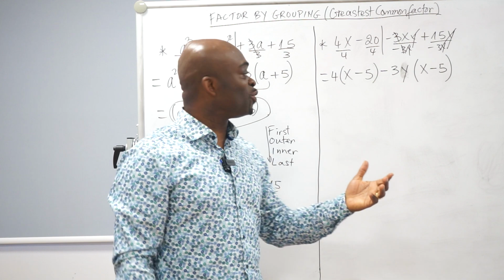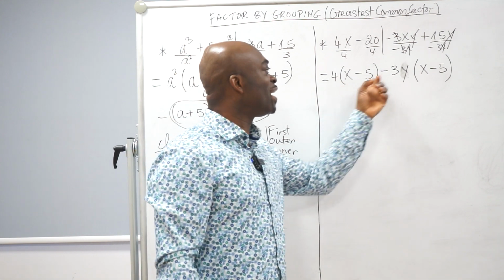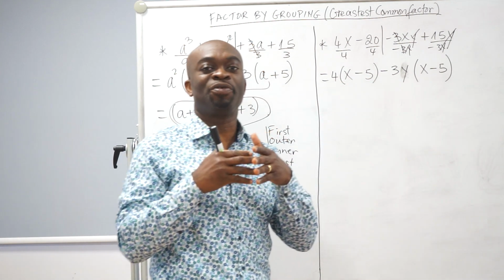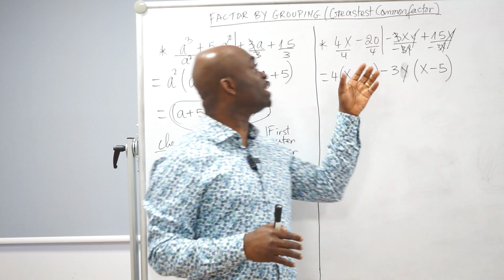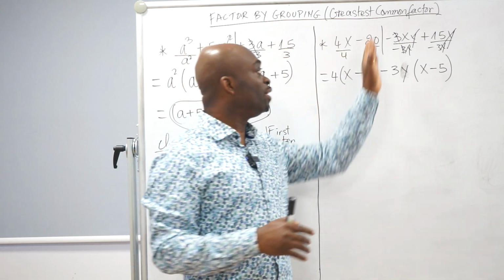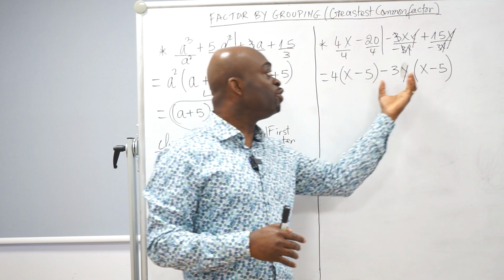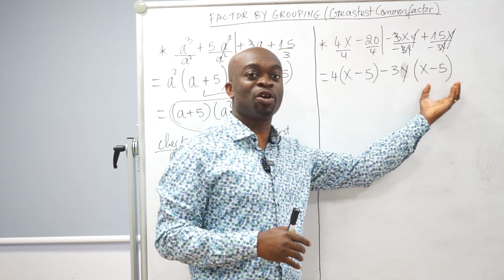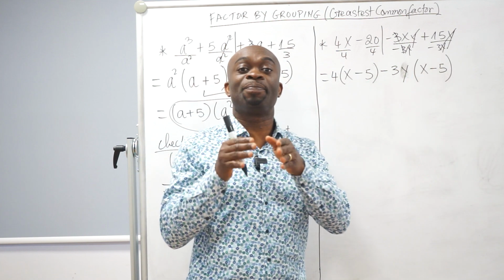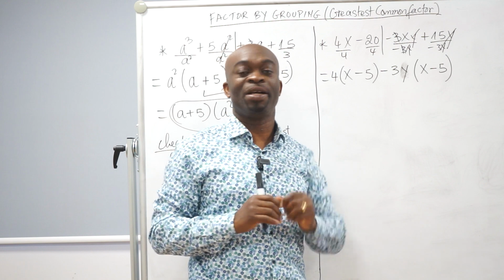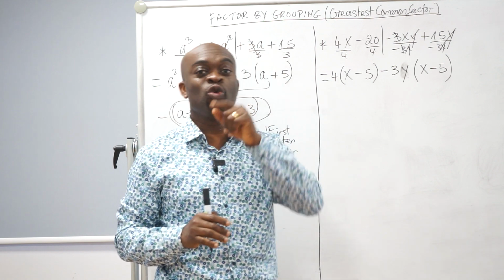So, guys, what do we see? x minus 5 inside the parentheses. So anytime you're dealing with factoring by grouping, you split up, you find the greatest common factor for the first term, and you find the greatest common factor for the second term. Whatever you have inside the parentheses has to be the same. If they are not the same, you're doing something wrong.